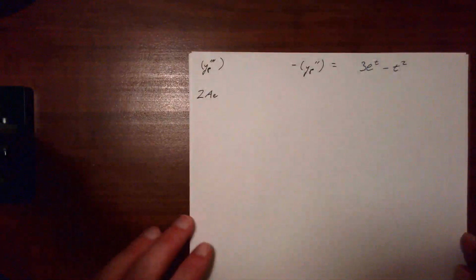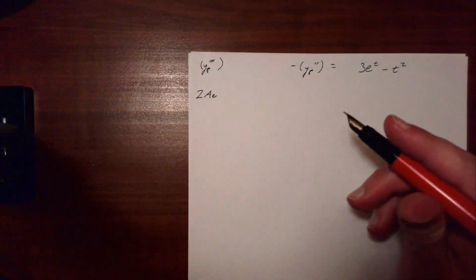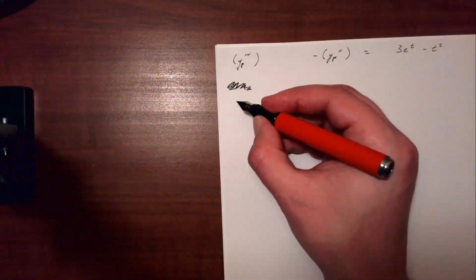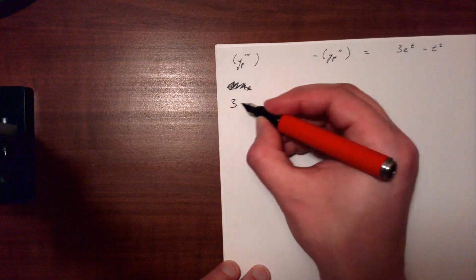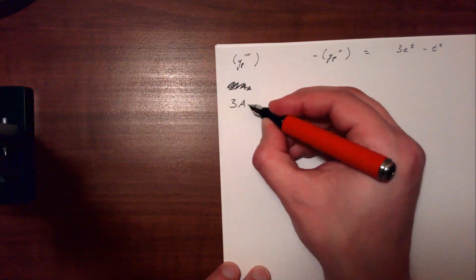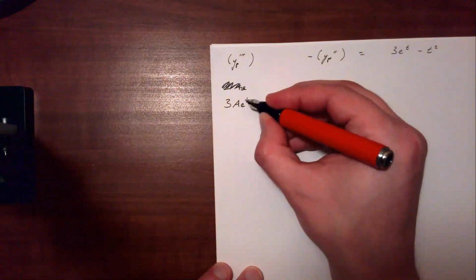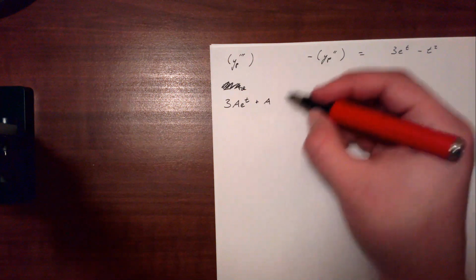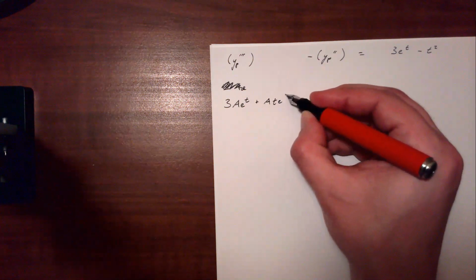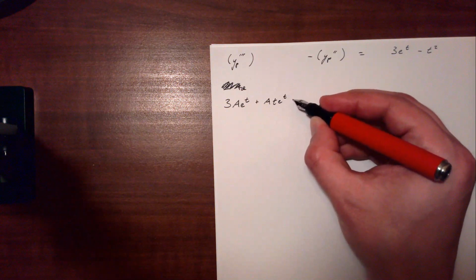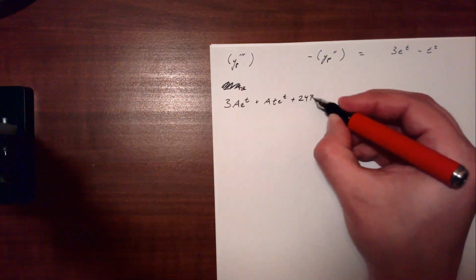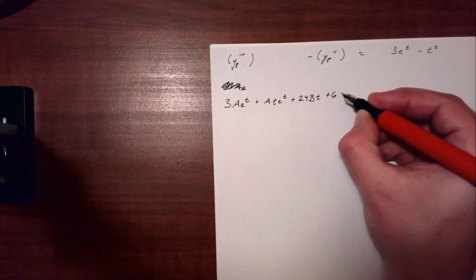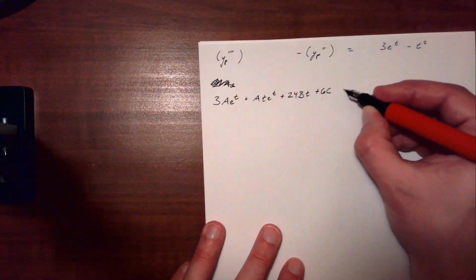Alright, so then where does that leave us? So that's 3a e to the t plus a t e to the t plus 24 bt plus 6c. Alright, and then that's all minus.